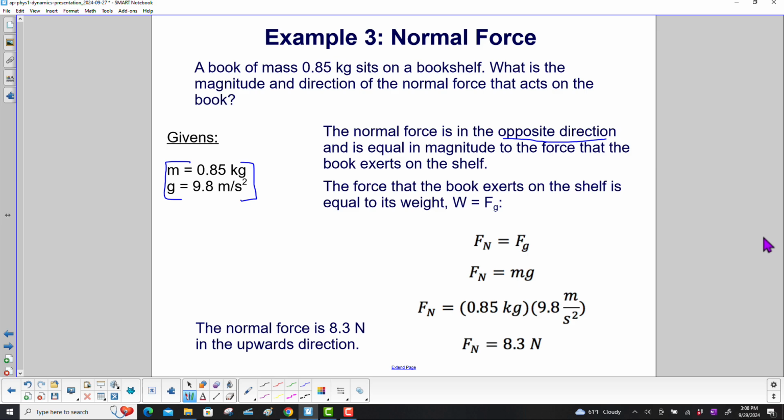The force that the book exerts on the shelf is equal to its weight. W, weight, equals F sub g. So the normal force is equal to F sub g. We substitute in mg for the force of gravity, substitute in our numbers next, and we get the normal force is 8.3 newtons in the upward direction.